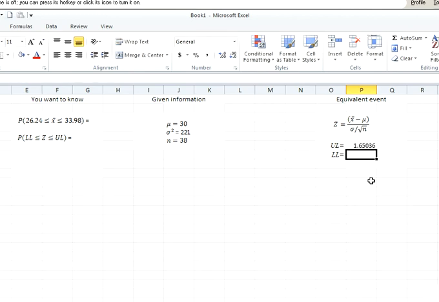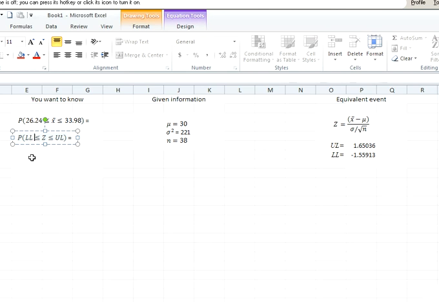The lower limit is 26.24 right here. So 26.24 minus 30 divided by the square root of 221 divided by 38. So negative 1.56, approximately. So you want to compute the equivalent probability of what?